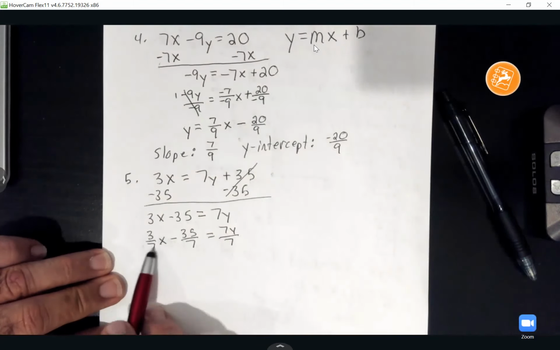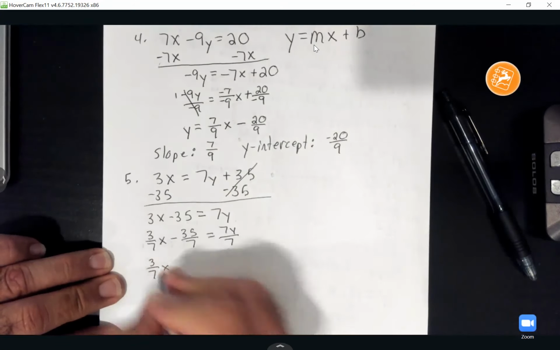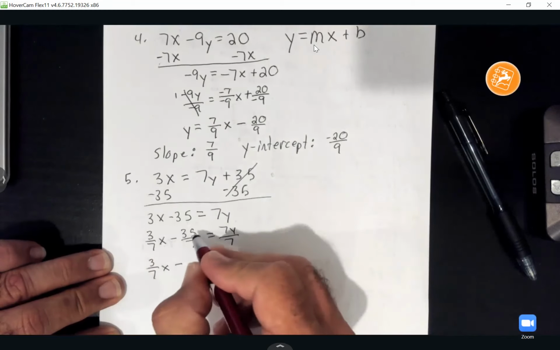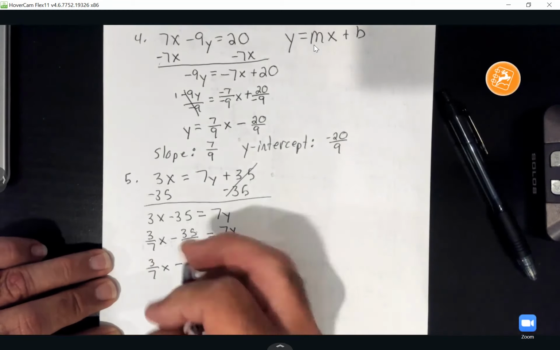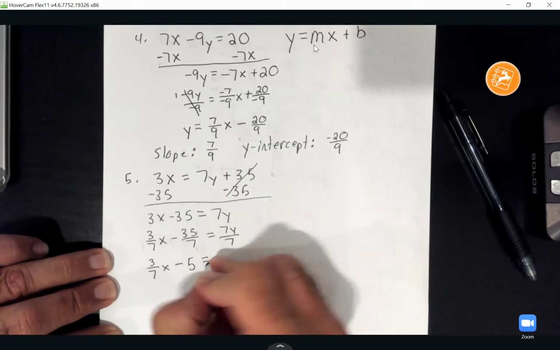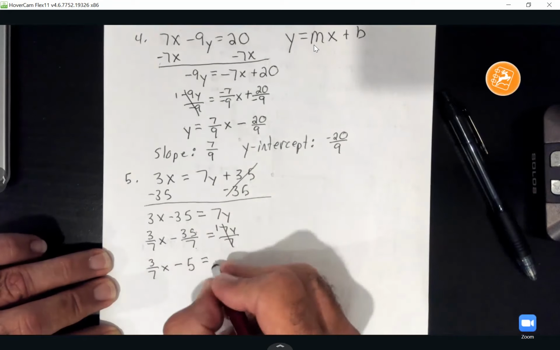So we really can't do nothing with that 3/7 x. So we're going to leave that as a 3/7 x minus 35 divided by 7, y'all. That's going to give me about a 5. And then over here, the 7's cancel, making that a 1y.